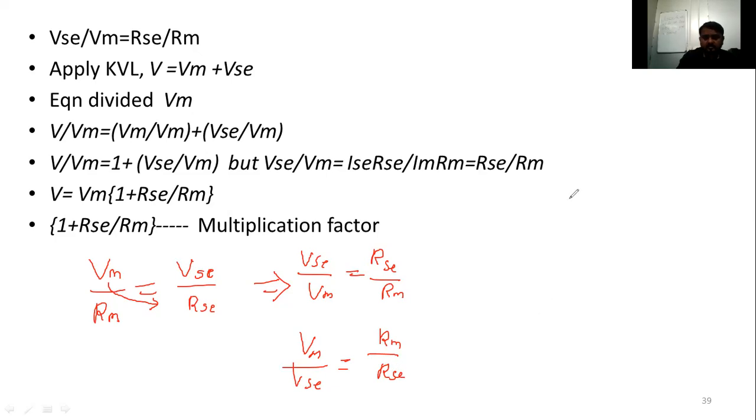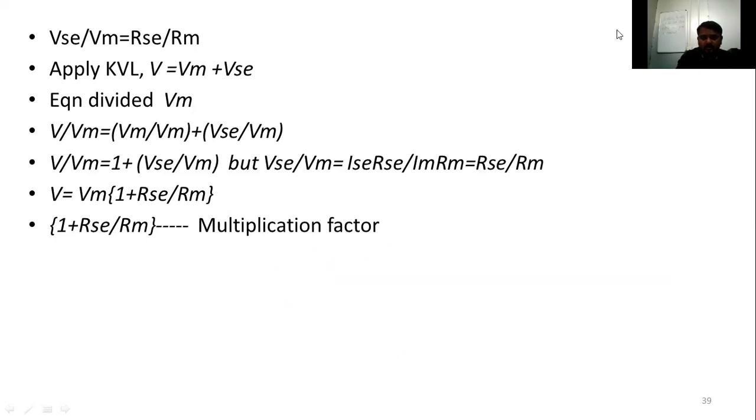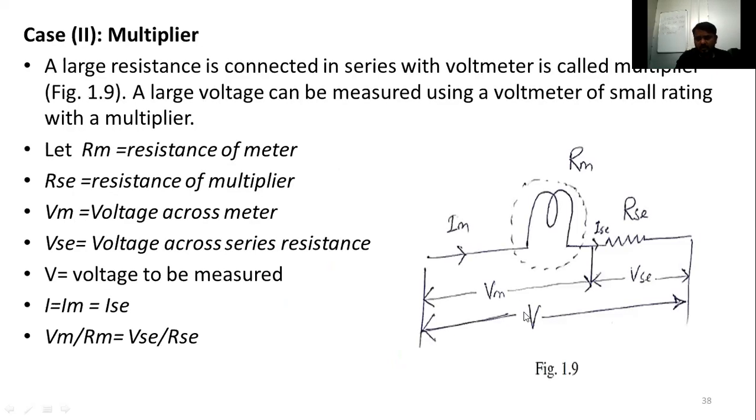Okay, leave this one. For the circuits, I told you that according to the circuit parameter, V equal to Vm plus VSC. Applying Kirchhoff voltage law, KVL, the algebraic sum of the voltages and the product of current and resistances is equal to 0.